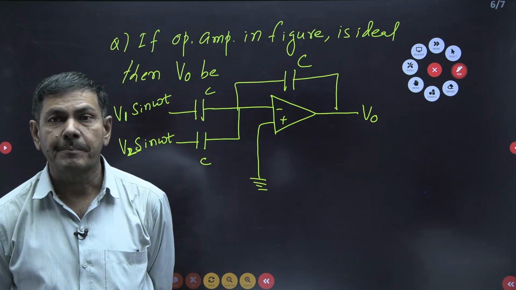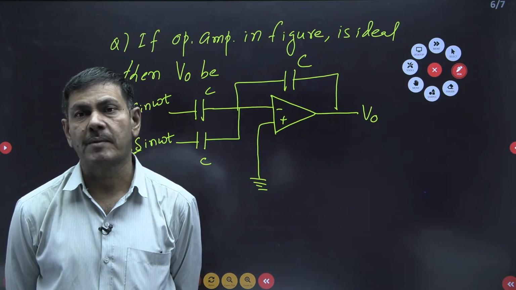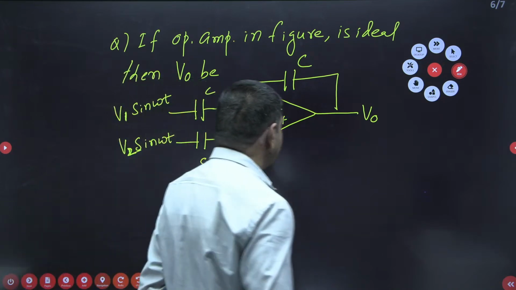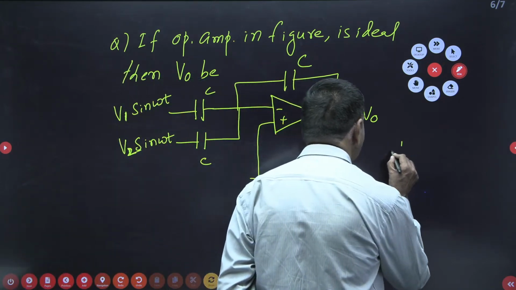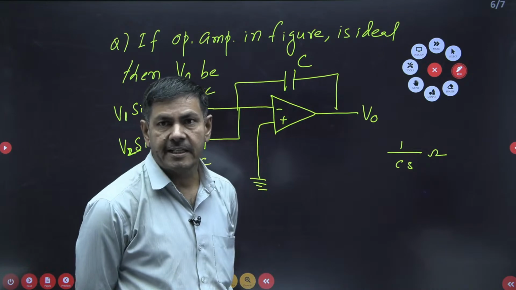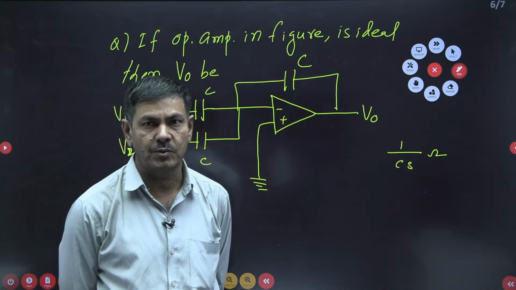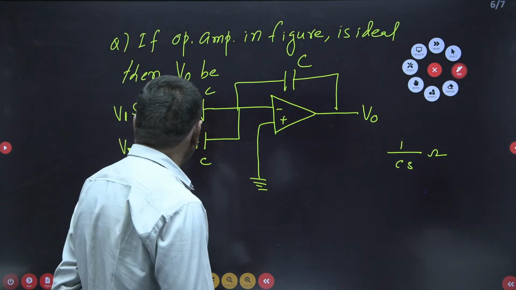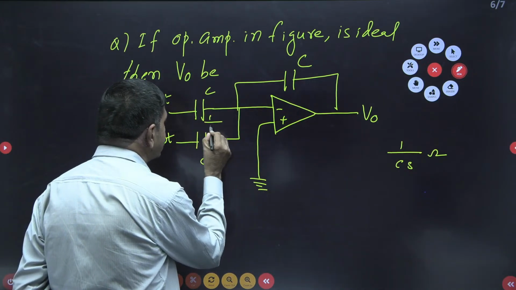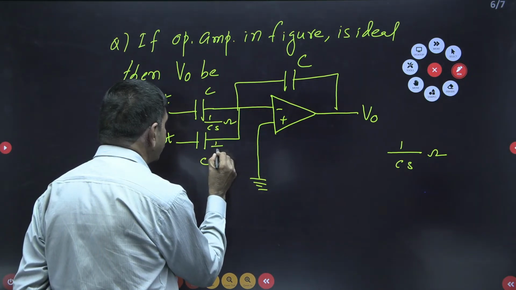If you are given the capacitance of a capacitor in the network, you need to bring its value into the S domain. In the S domain it comes in ohms only. So you know very well, wherever you get a capacitor, I can write it as 1 by Cs, as per the Laplace transform.